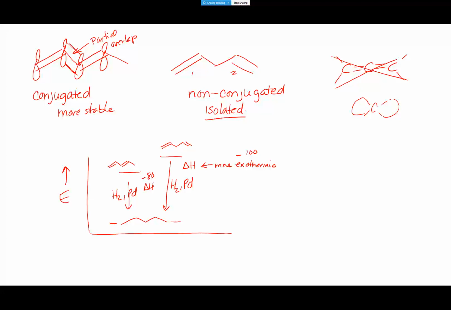And so that single bond has a tiny bit of sort of a double bond character. What it really means is that it's shorter. So that partial overlap then gives us a more stable conjugated system.